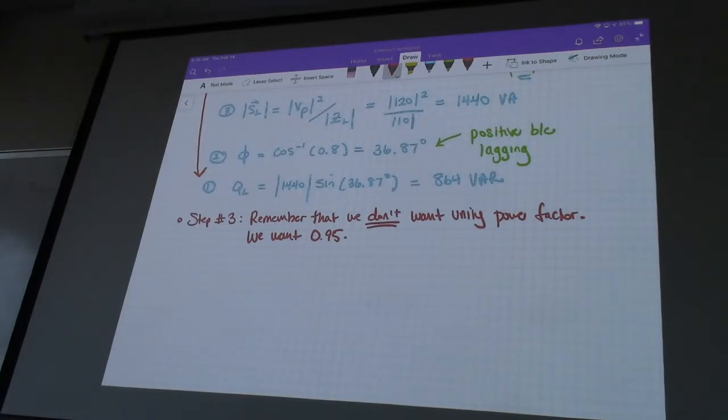We want 0.95. So that actually makes the problem just a teeny bit harder, because if it were unity power factor, we would already know the QC value would have to be negative 864 var. But now we have to use the same equations to figure out what the QL value would be when we have a power factor of 0.95.